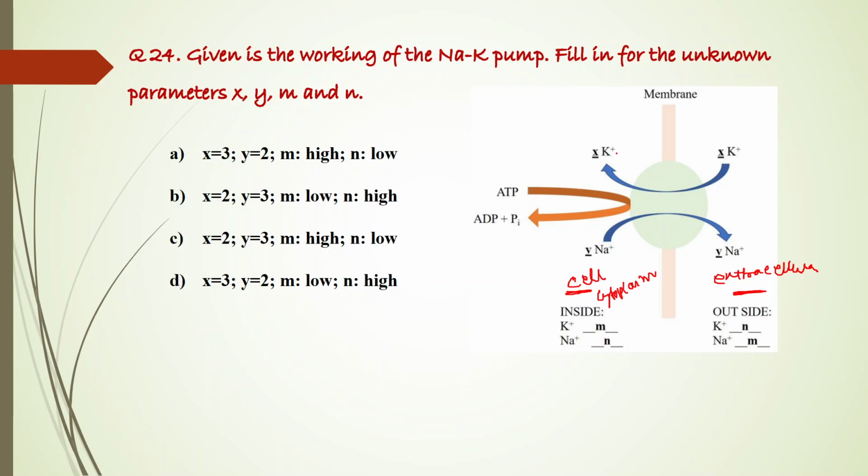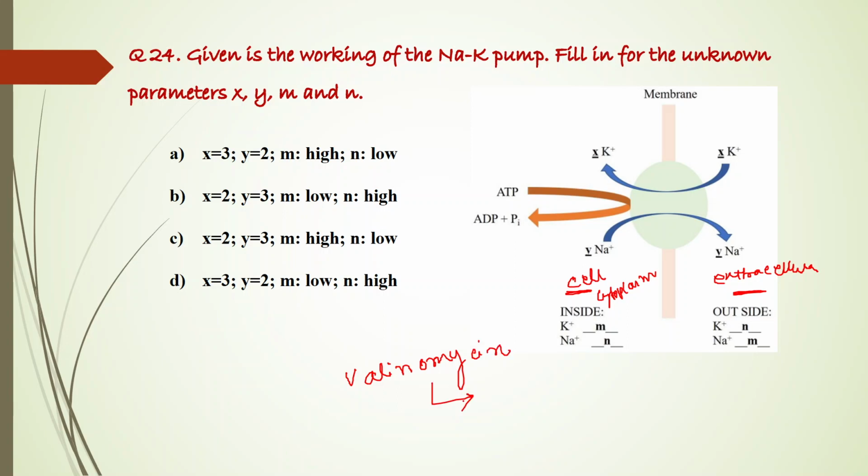Now you have to identify how many K plus and how many Na plus are transported at a single time. Now the protein that is responsible for this is also known as valinomycin.